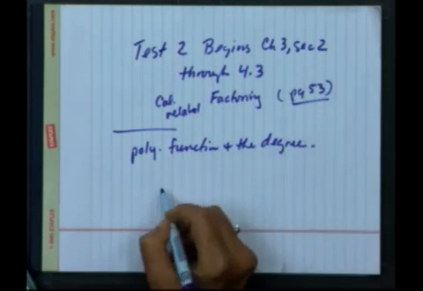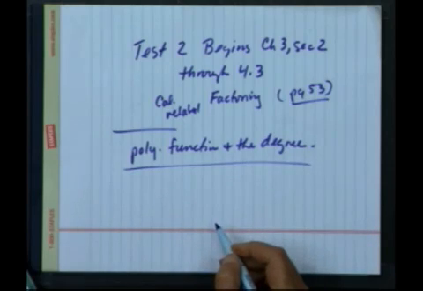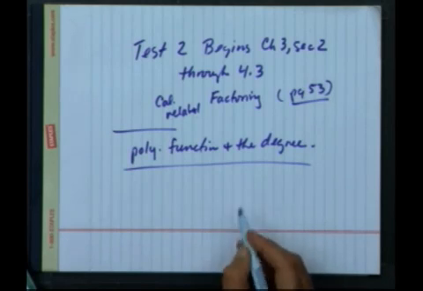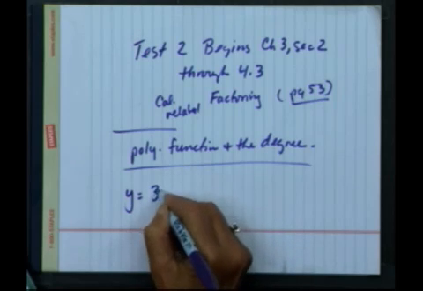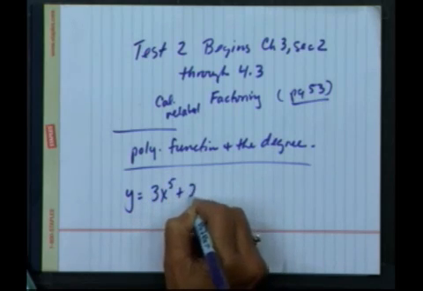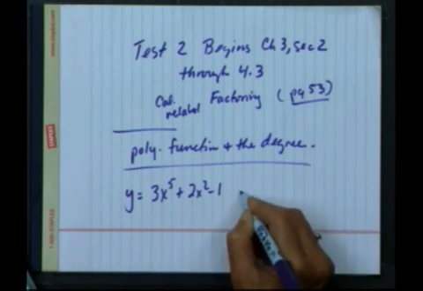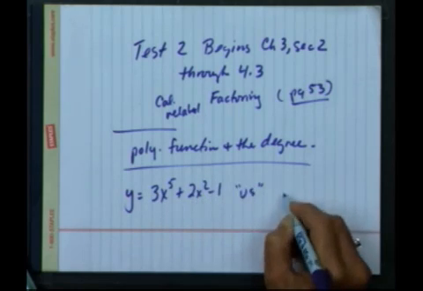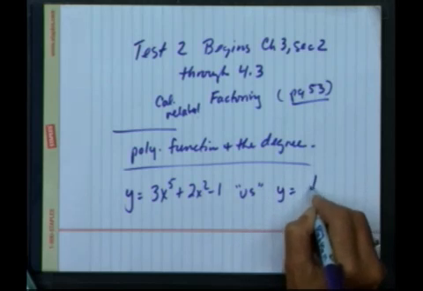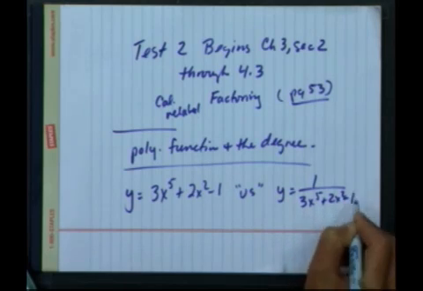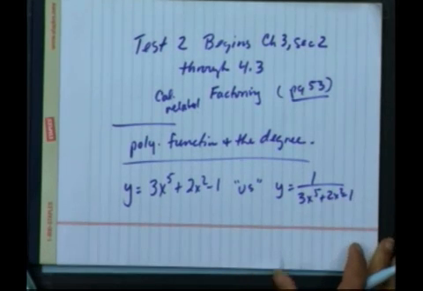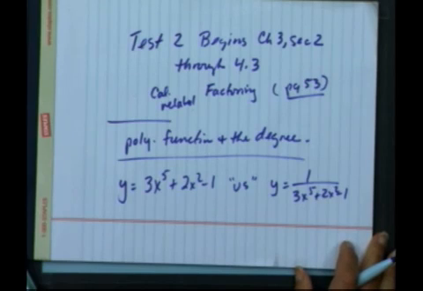It probably is easiest by just using some examples of what is and what is not a polynomial function. So I'm just going to give you two examples here: y equals 3x to the fifth plus 2x squared minus 1, versus y equals 1 over 3x to the fifth plus 2x squared minus 1. One of those is a polynomial function and one is not. Which is?